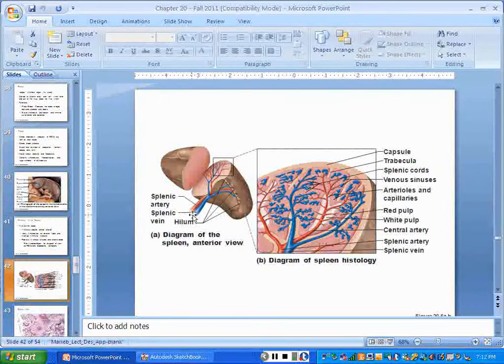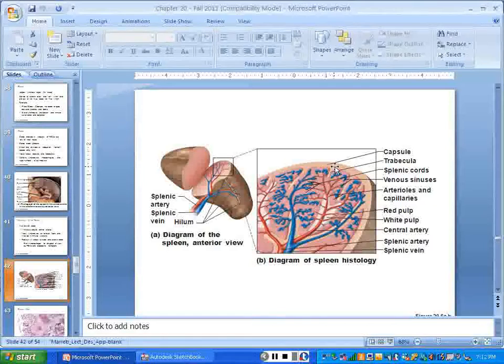You can see that in the picture. Within the spleen, you may remember that two major kinds of tissue are called white pulp and red pulp. The white pulp surrounds arteries that they like to call central arteries. There are sinuses throughout as well.